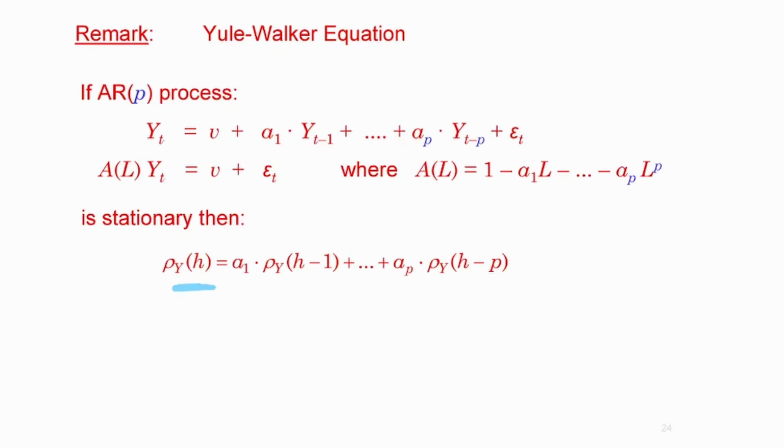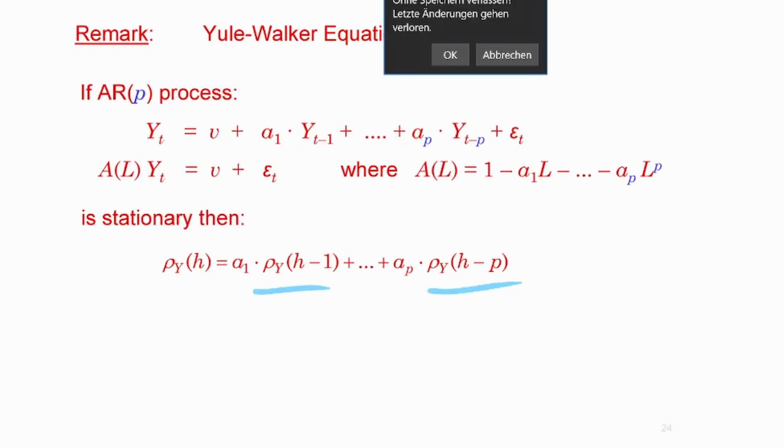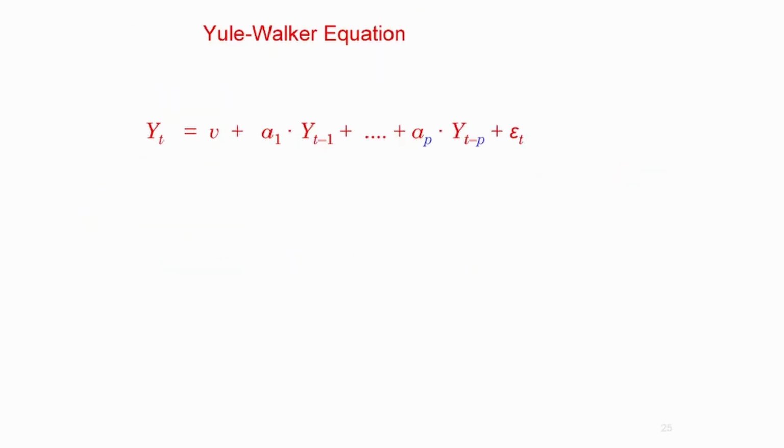Let's say you have an AR(3) process, and you know the autocorrelations with respect to time lags 1, 2, and 3. Then you also know what the autocorrelation with respect to time lag 4 is going to be, because that is determined by the previous autocorrelation function structure.